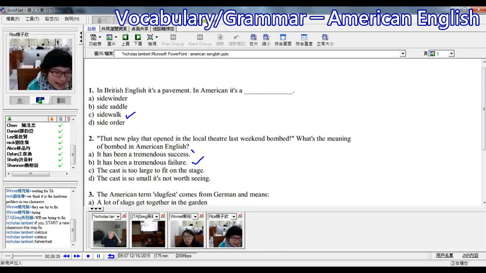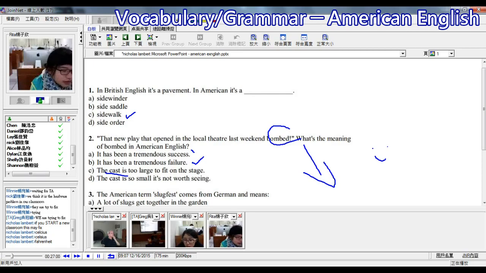And if something is really successful, I can't think of a word. But bombed means it goes down. It's not very good. So it's a tremendous failure. What does cast mean?